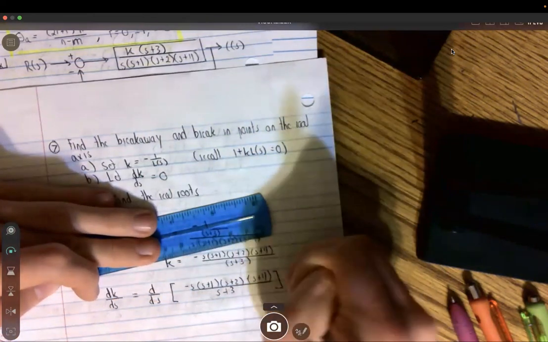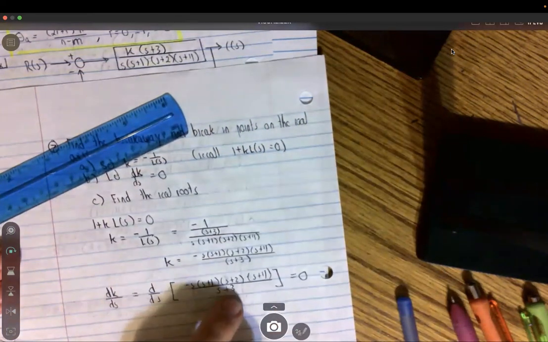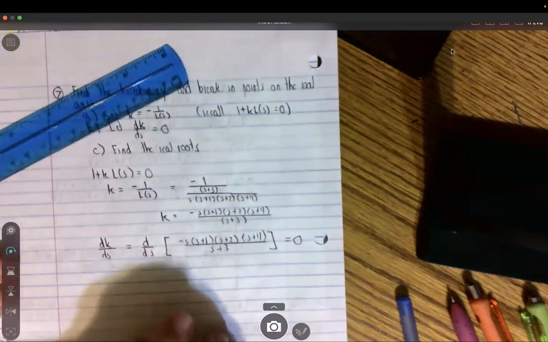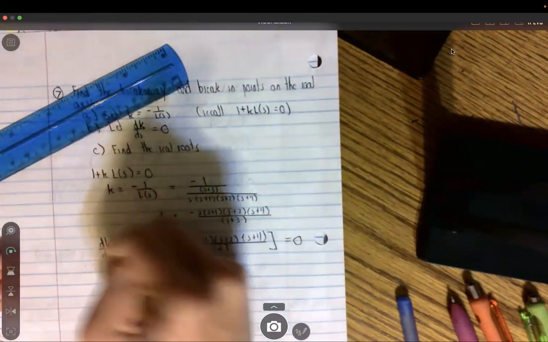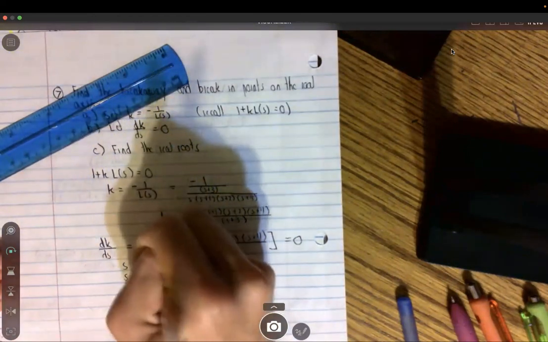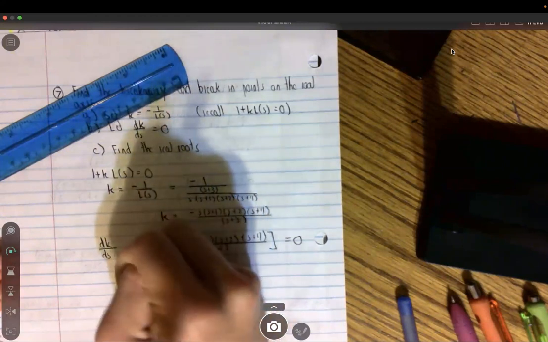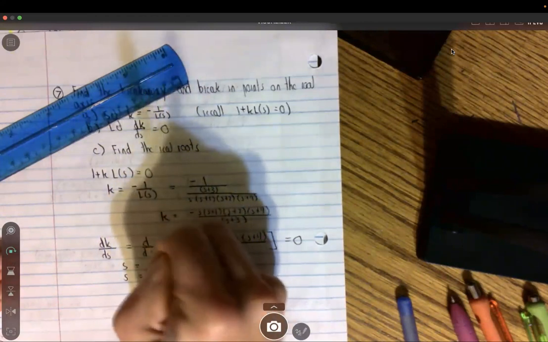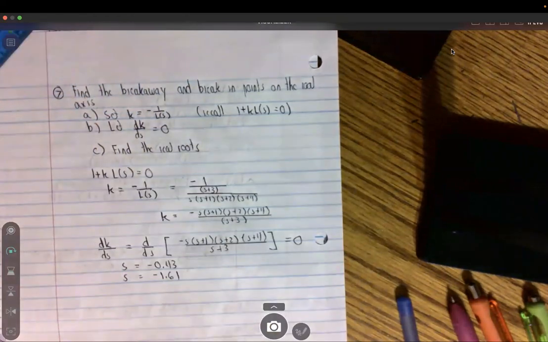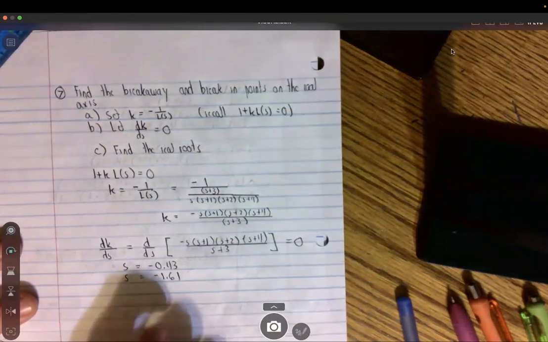You set that derivative equal to 0, and solving gives you two values of s: negative 0.43 and negative 1.61. These are your break-in, breakout points.